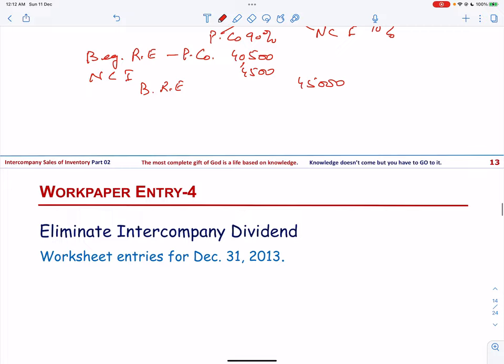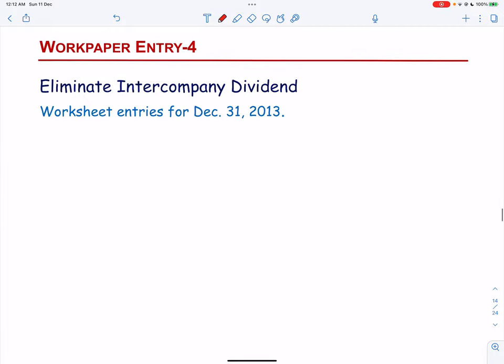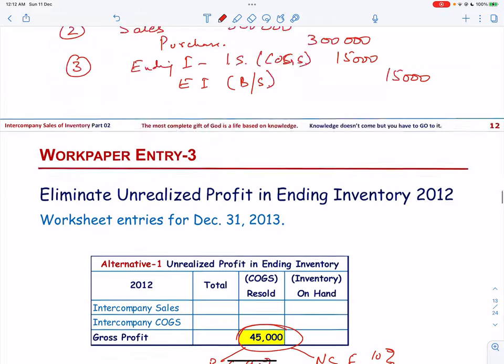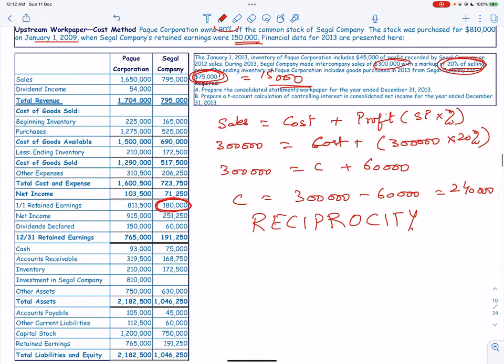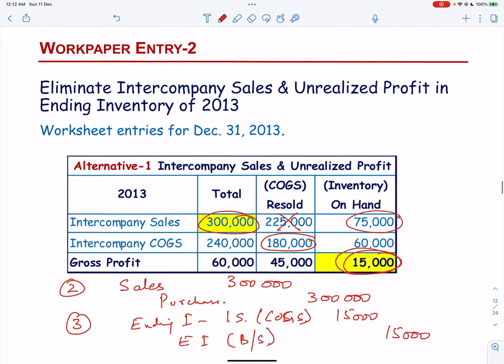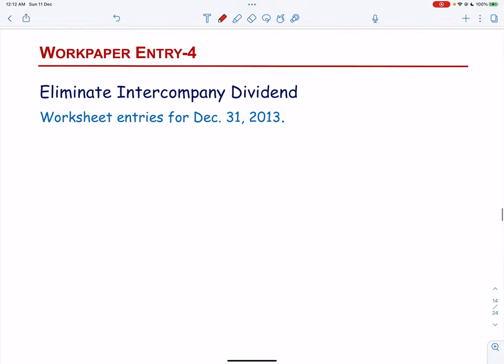Let us move on to work paper entry number 4. In the case of work paper entry number 4, we are going to eliminate intercompany dividend. You can recall that the subsidiary has declared a dividend of how much? Dividend declared is 60,000, and 90% of this dividend is recorded as dividend income by the parent company.